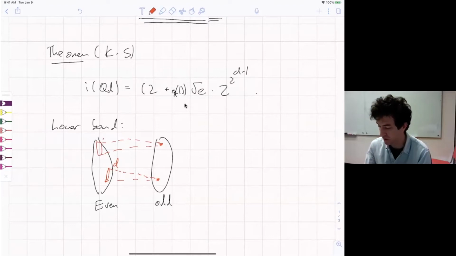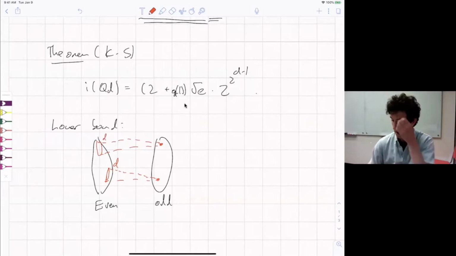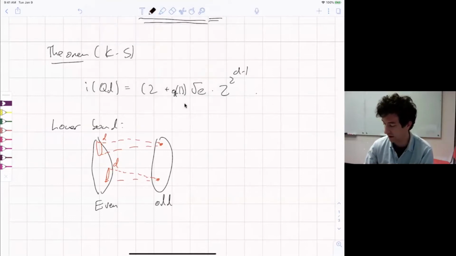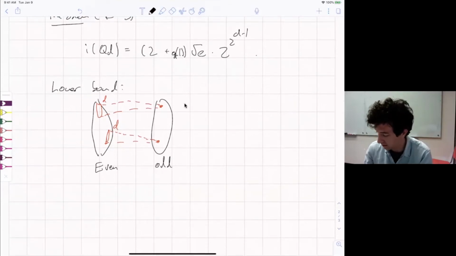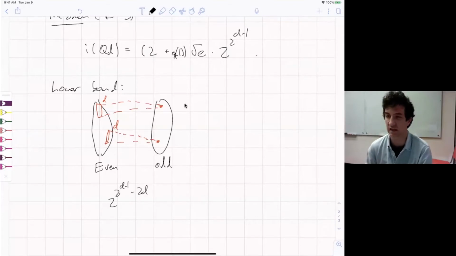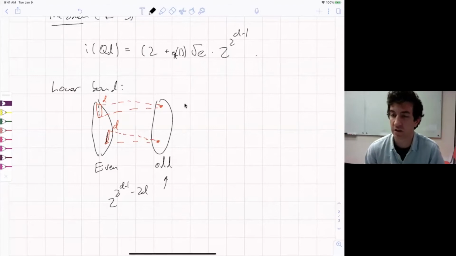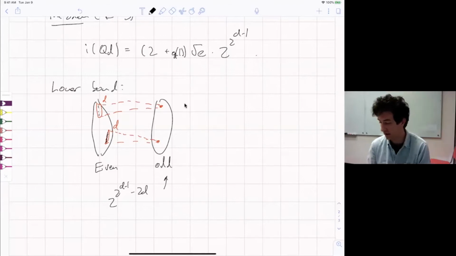And we're assuming for the moment that the neighborhoods don't overlap. And then you can count how many independent sets there are with exactly this pattern. There are 2^(2^(d-1) - 2d) in this example, because these vertices here on the even side, you're not allowed to freely choose. And so accounting for all of these small defect patterns gets you the factor sqrt(e).